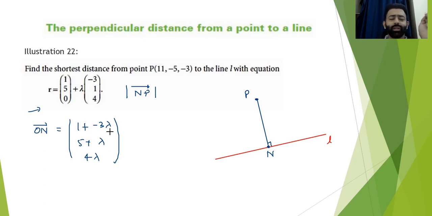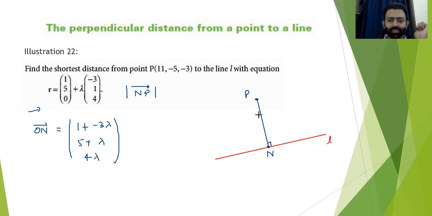You can take that value as T, or replace lambda with T, since at this particular point where NP is perpendicular to L, the scalar lambda has some particular value. But I am not replacing it. I am just saying that for some lambda, this is the position vector of N such that NP is perpendicular to line L. So we have now the position vector of N.